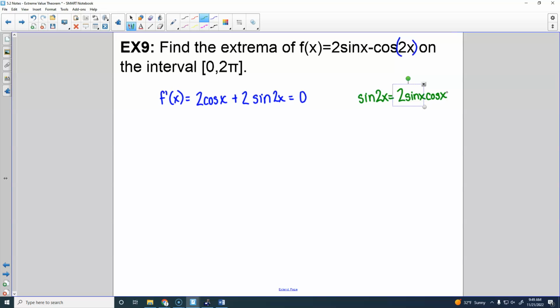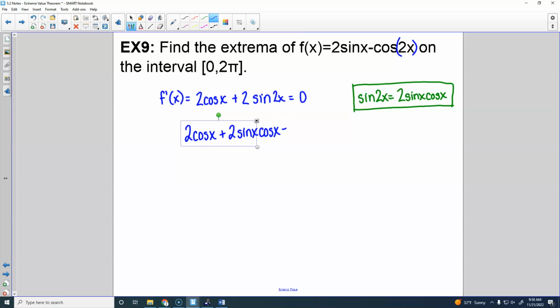So sine of 2x equals 2 sine x cosine x. So that is a trig identity there. And so when we set this equal to 0, we can write it as 2 cosine x plus 2 sine x cosine x. Set that equal to 0.